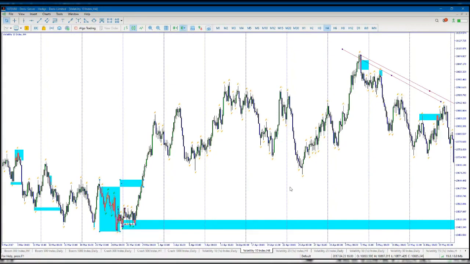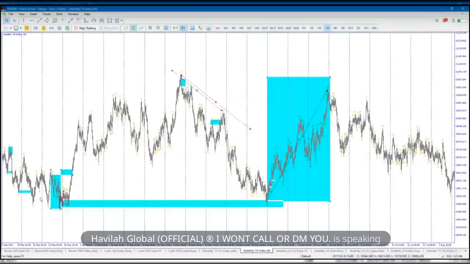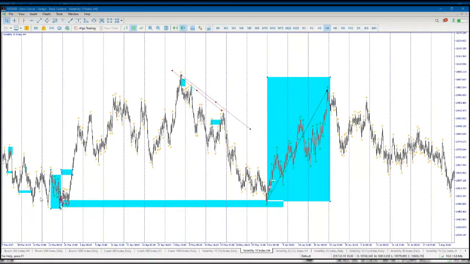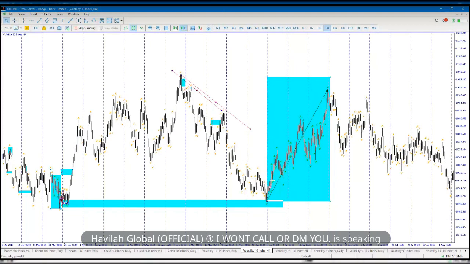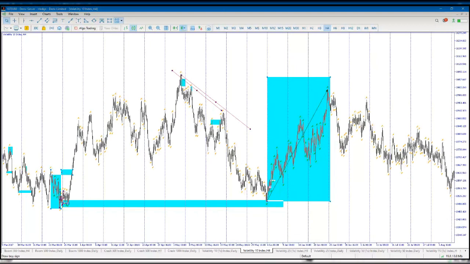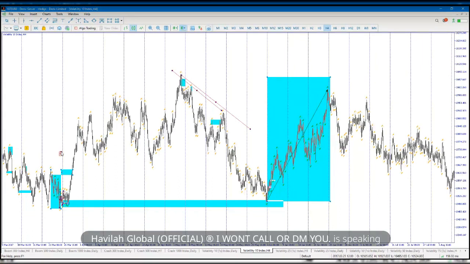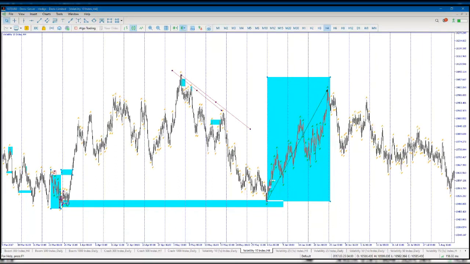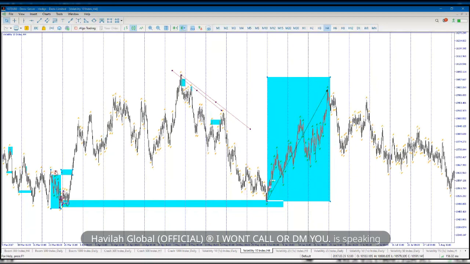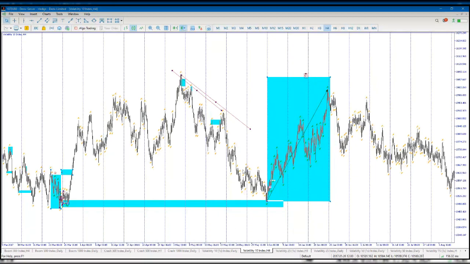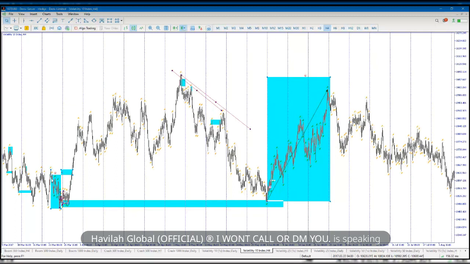In all of these moves that have been happening, we were able to catch only this move and this move. Why? They are aligned strictly with your checklist.